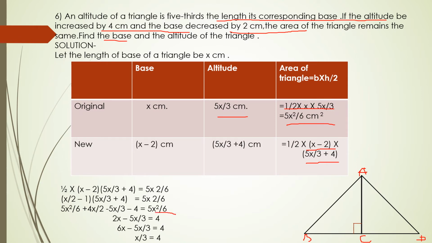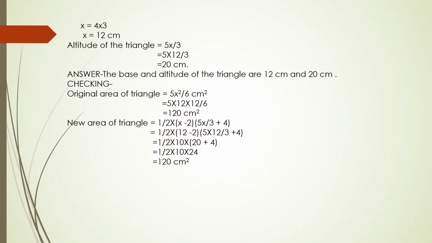Children, from both the side you cancel 5x square by 6. And now you subtract 4x by 2 minus 5x by 3. You will obtain by simplification x by 3 is equals to 4. Therefore, x is equals to 4 into 3, that is 12 centimeter.